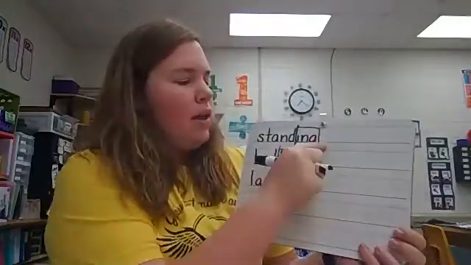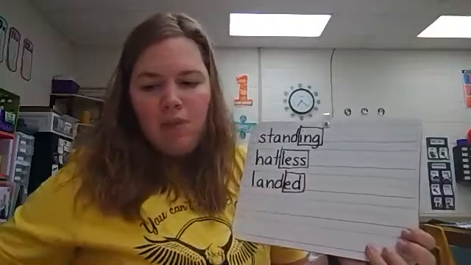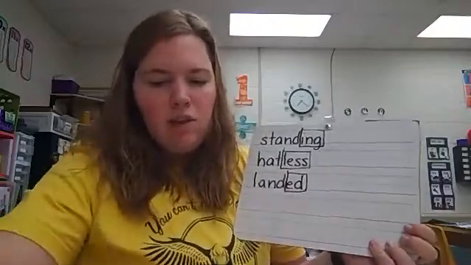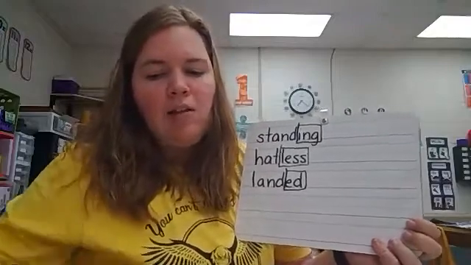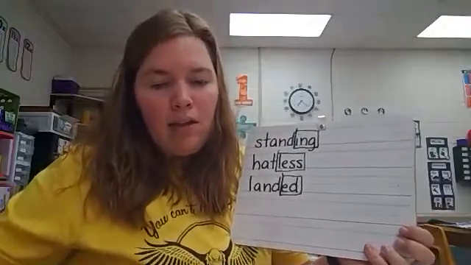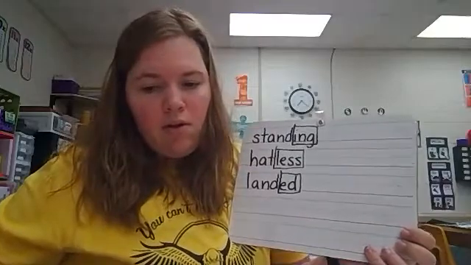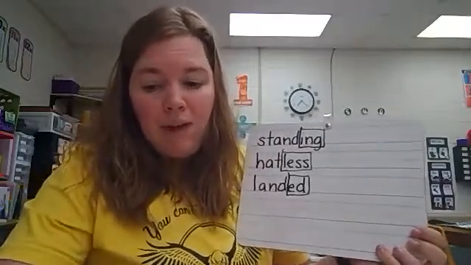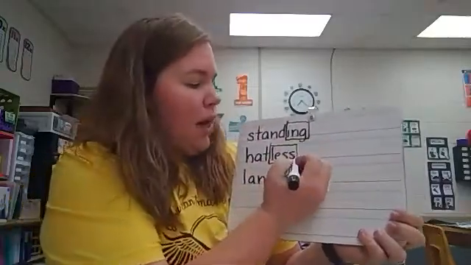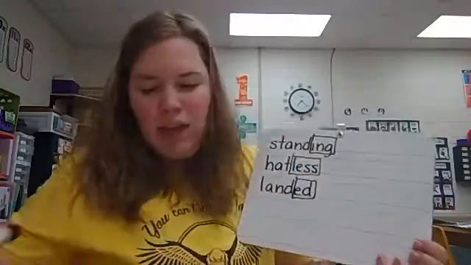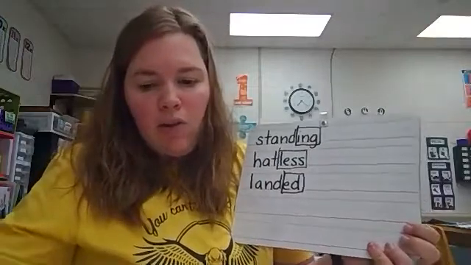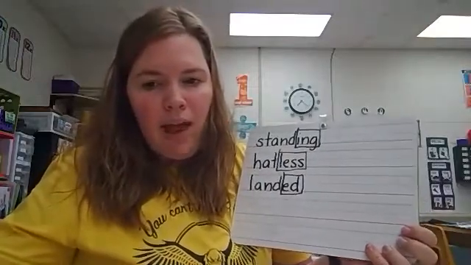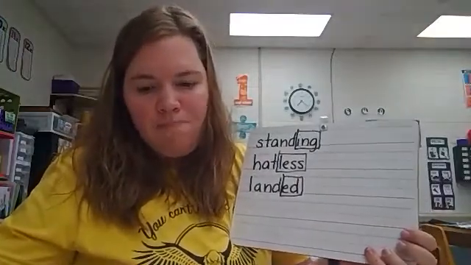Okay, so these three suffixes do have something in common. They each contain their own vowel sound. So remember, a syllable is a word part that contains its own vowel sound. So this means when we add these suffixes, the ing, the less, and the ed to a word, we are getting another syllable because there is a vowel sound, okay?